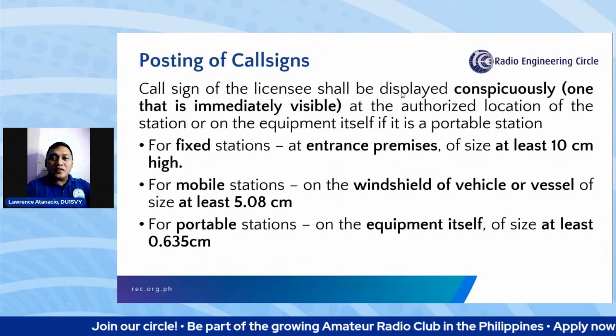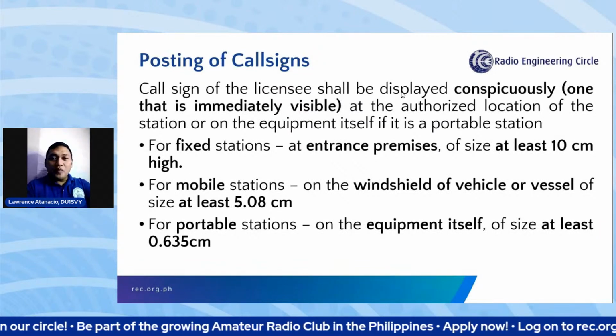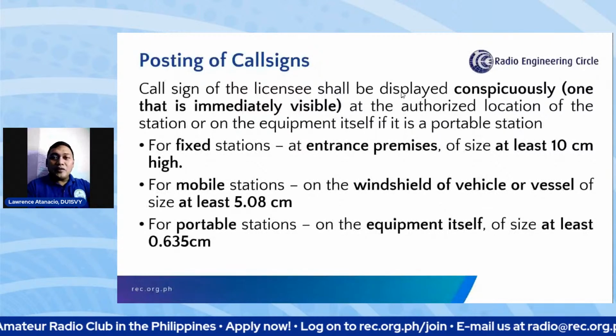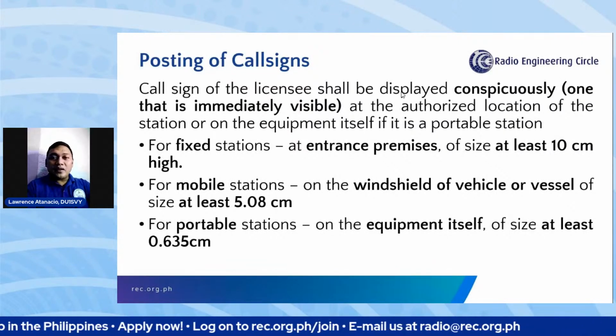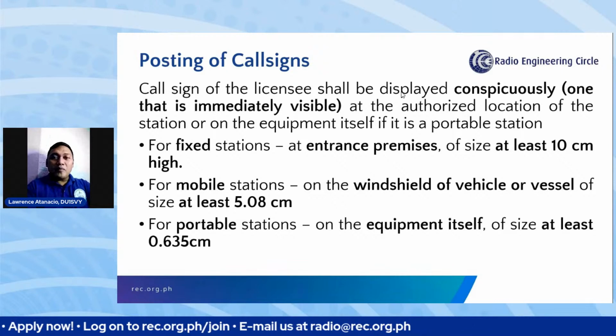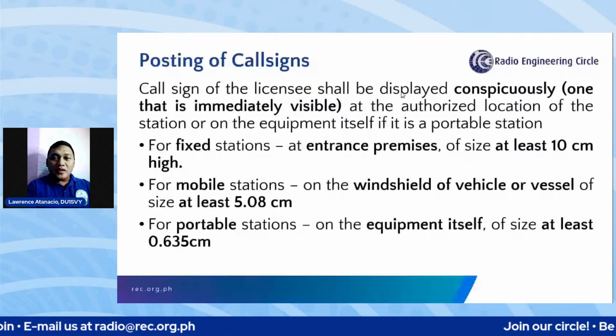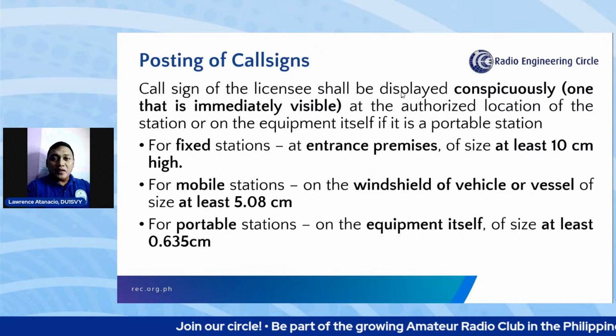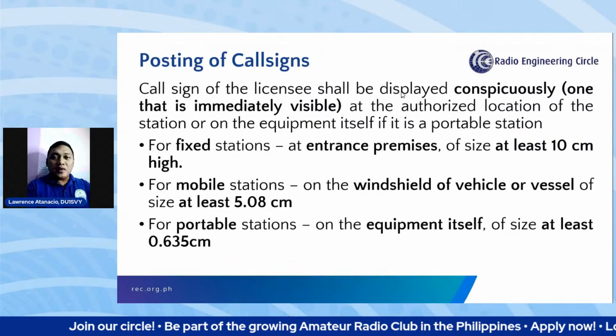For mobile station, o sa ating mga sasakyan, on the windshield of vehicle or vessel of at least a size 5.08 centimeter. And sa portable naman, yung ating handheld radio, on the equipment itself of size at least 0.635 centimeter po ang mga kanyang mga sukat.